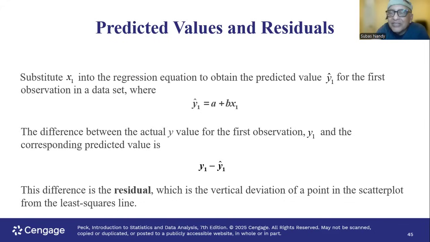This vertical distance between the actual y value and the predicted y value is called the residual. Again, repeating, for points which are above the line, the vertical distance is positive. For points which are below the line, the vertical distance of the point from the line is negative. Also, I mentioned last time that if you square a negative number, it becomes positive.